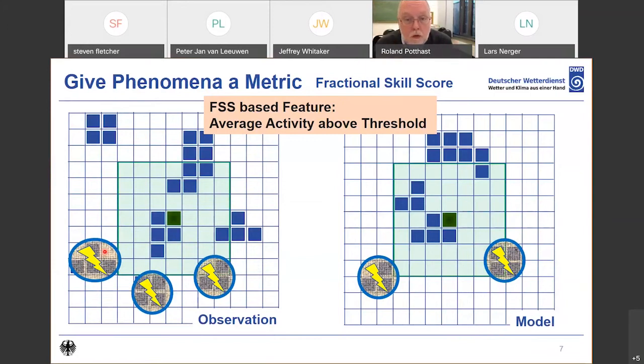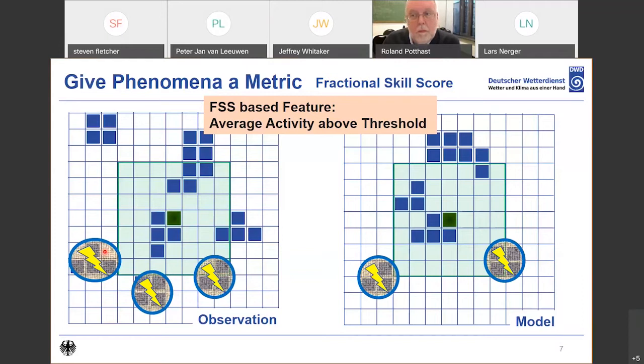After a lot of different trials over a longer period of time, really several years, we ended up with a very easy solution, because we measure our precipitation in terms of fractions skill scores. The basic idea here is to use the fractions skill score metric to measure the distance between different phenomena in your ensemble members and your observations.